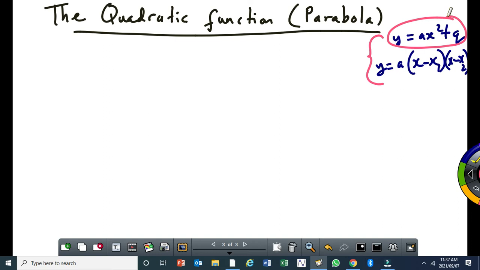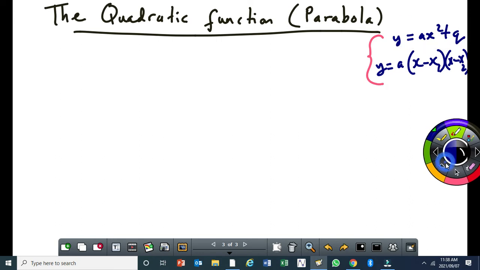Your thinking now should change because you are going to introduce horizontal shift. So this, you throw it outside the window, that's grade 10 and it's gone now. But the second one will continue to come back because you may need it to find the equation of a quadratic graph.